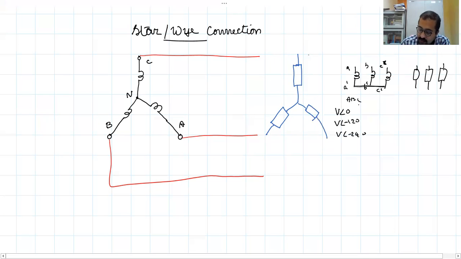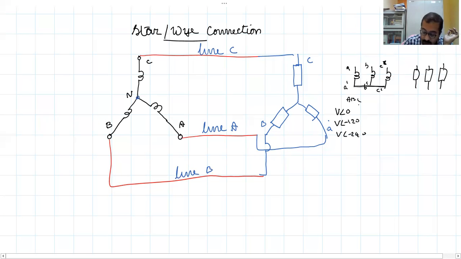So A gets connected to A, B gets connected to B, and C goes to C. This is called a line. So this is line C, this is line A, and this is line B.